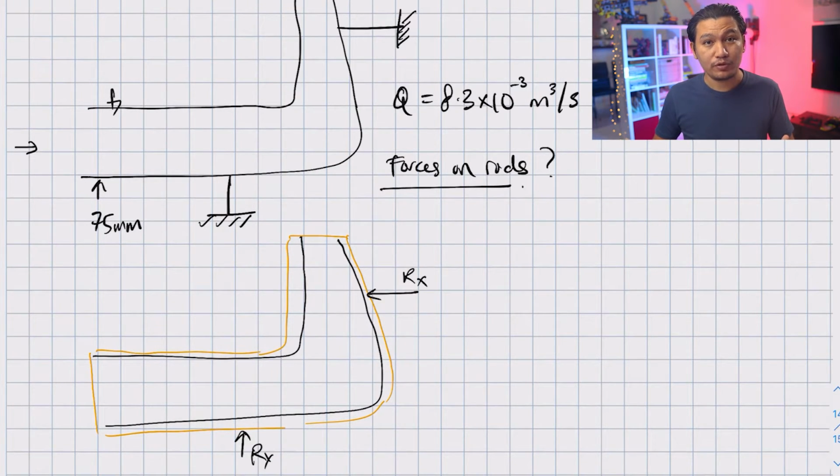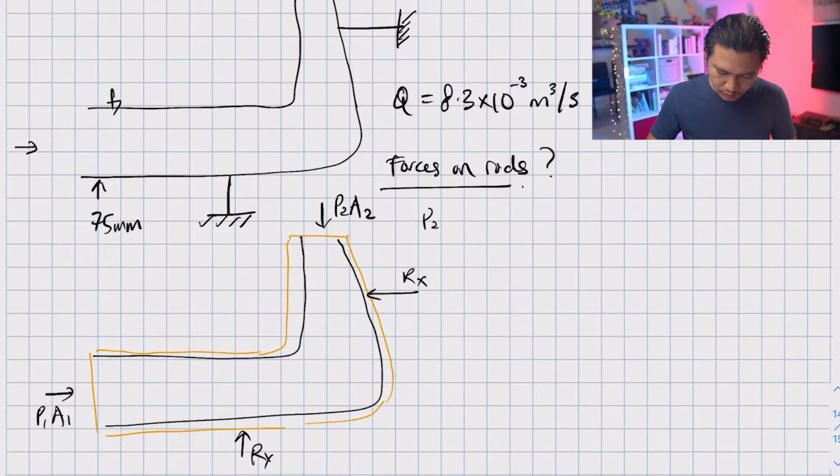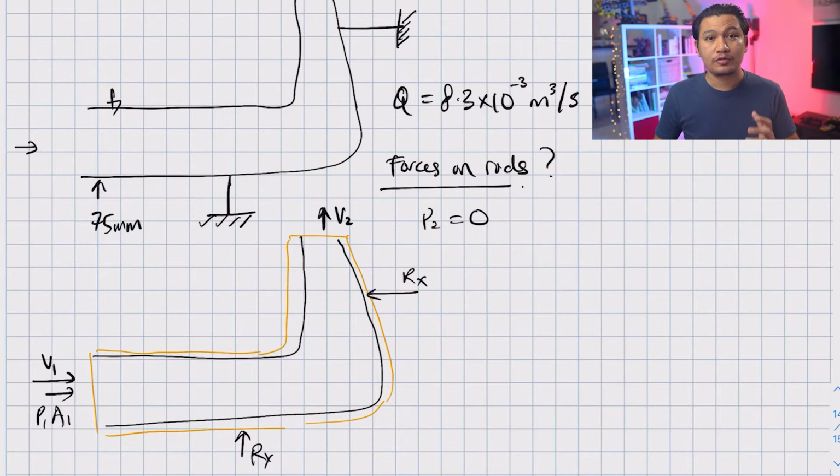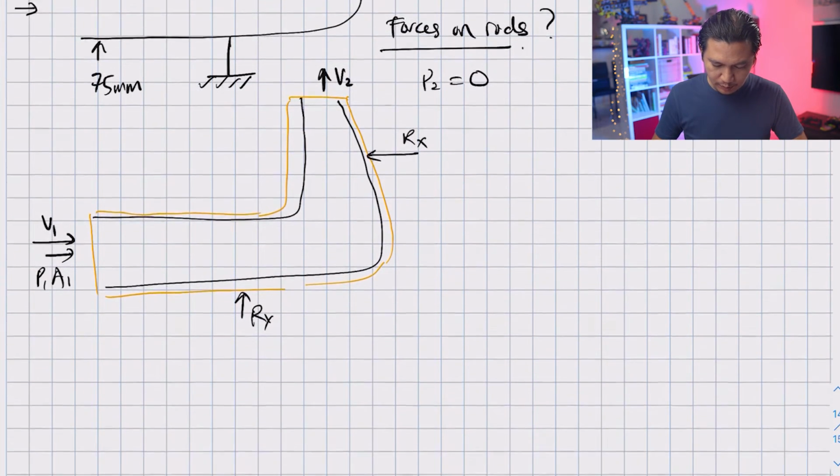And remember, we also have pressure forces. So this is P1A1 at the inlet, and this is P2A2 at the exit. But since the problem says that this flow exits into the atmosphere, it means that P2 is equal to 0, so I'm going to completely remove this. But instead, I'm going to put here the velocity at inlet, and this is the velocity at outlet. So now I think we have labeled everything.